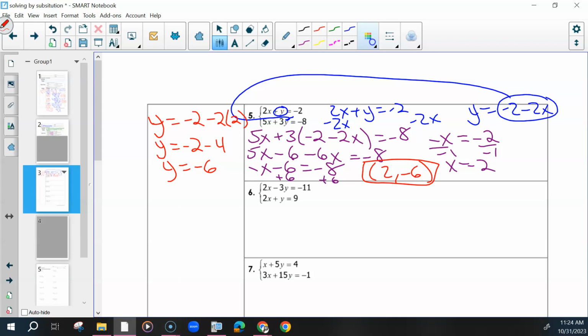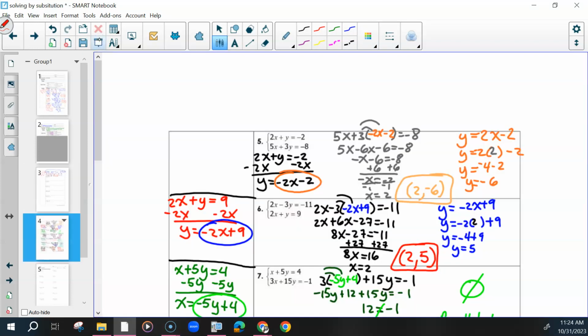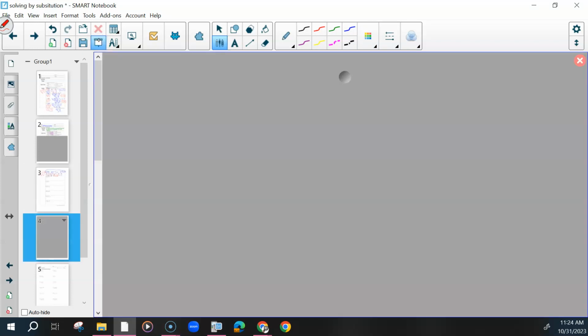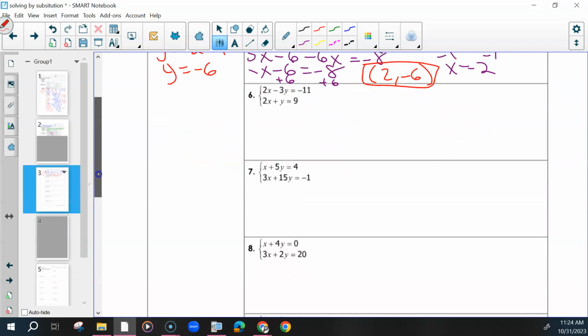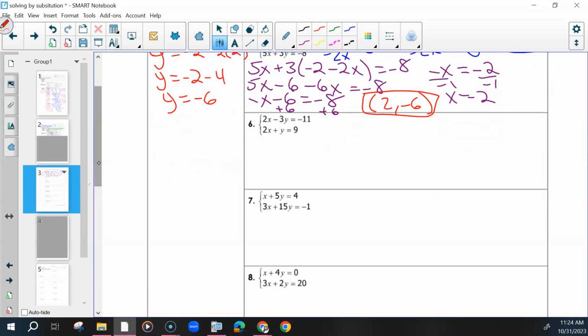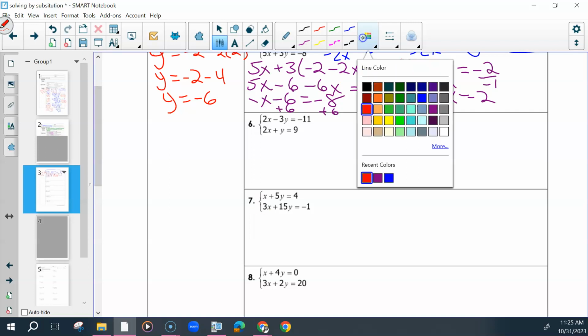There was a specific one I wanted to show you because of something that happened. Let's skip 6 and try 7. These are not solved for x or y, but what would be the easiest thing to solve for? The x in that equation, yes.